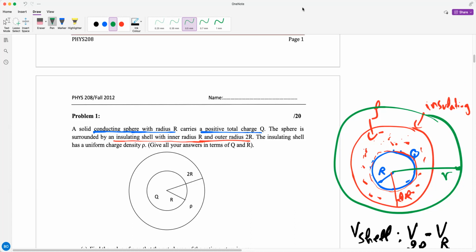So the net charge is 0. This means that the electric field at this point outside this system is equal to 0. Any question? Is this clear, please?